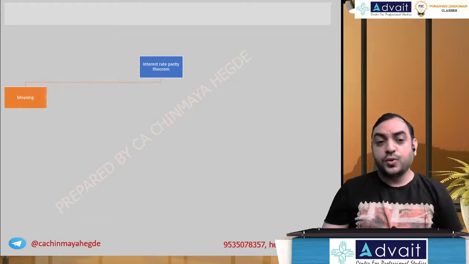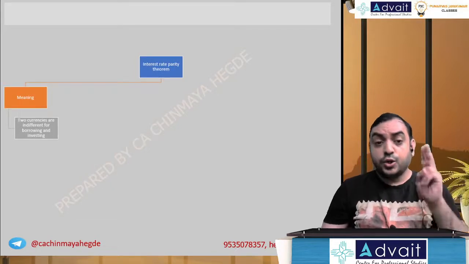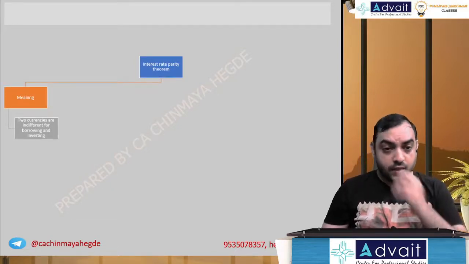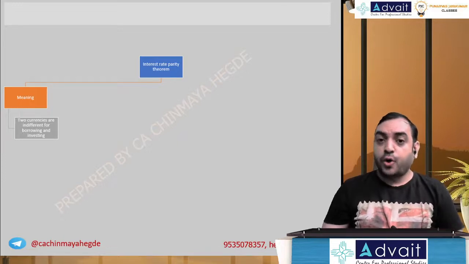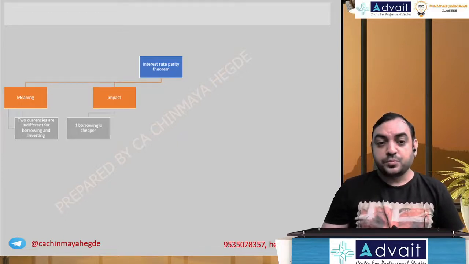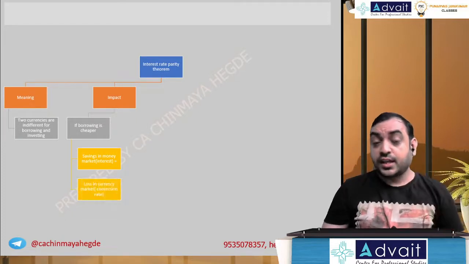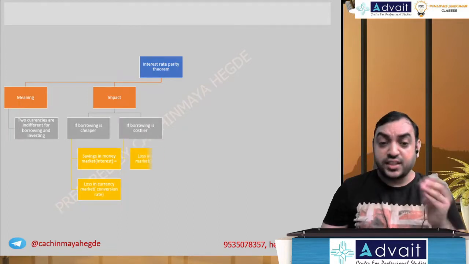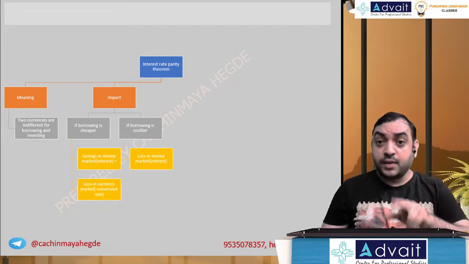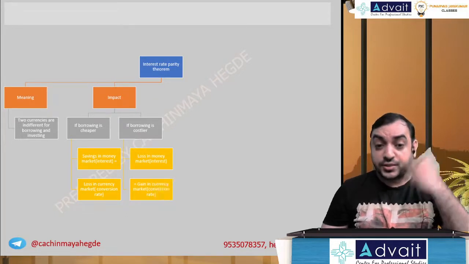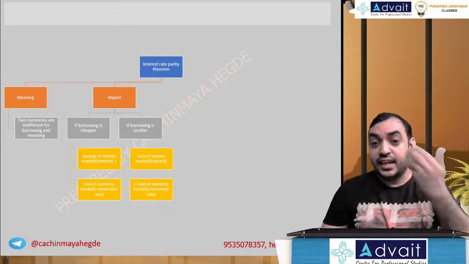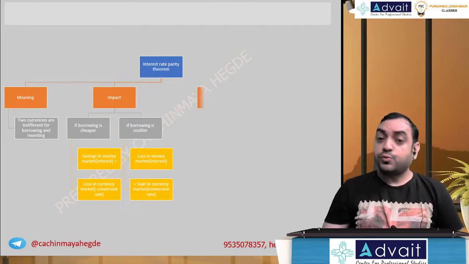Just a summary once more. Interest rate parity theorem: two currencies are indifferent for borrowing and investing. If borrowing is cheaper, then you save in the money market, but you lose in the currency market because of the exchange rate. If borrowing is costlier, then you lose in the money market because you pay more interest, but you gain in the exchange currency. Therefore, another compensation will happen.